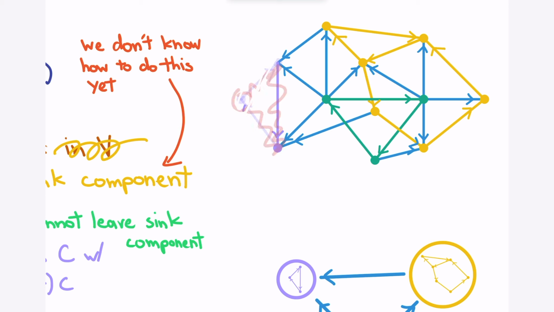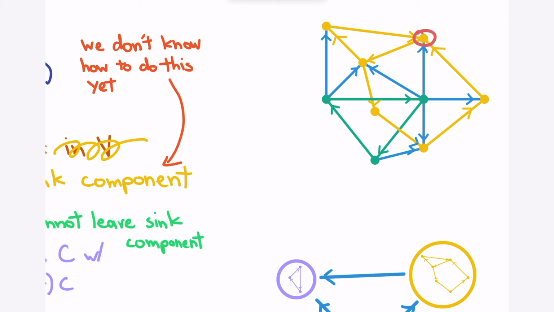So I start erasing this because I've already figured this out, right? And now I pick any vertex in a sink component. Not true. You want to pick yellow because green can still reach yellow. So if you do yellow, then you're going to traverse like this, and you're going to traverse like this, right?